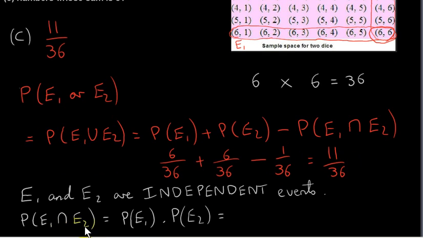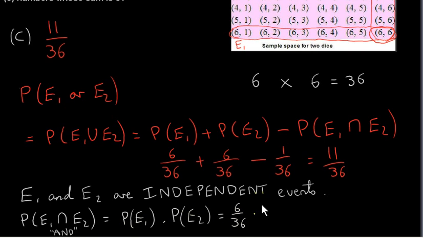As we saw in a previous video, if two events E1 and E2 are independent, then the probability of E1 intersecting E2, or we could think of this as the AND operator, the probability of E1 and E2, that is the probability of getting a 6 on the first die and a 6 on the second die, is got by multiplying the probabilities together. The probability of getting a 6 on the first die, that's E1, is, as you can see, 6 over 36.